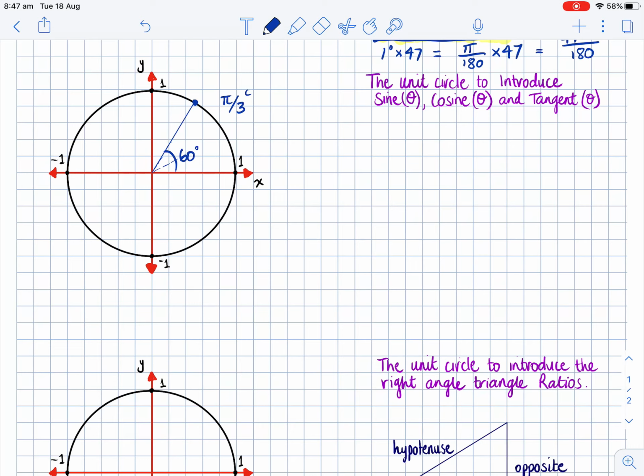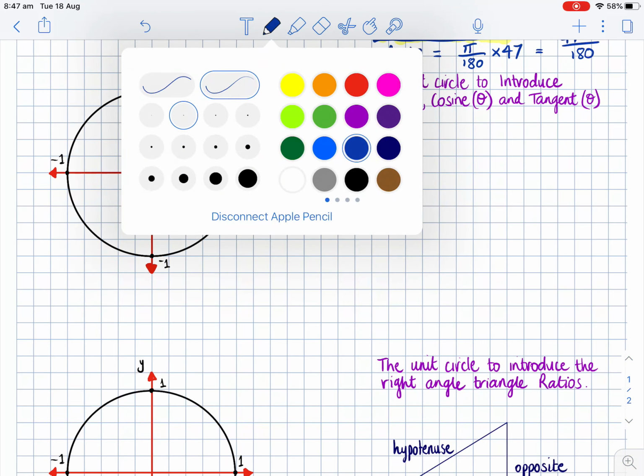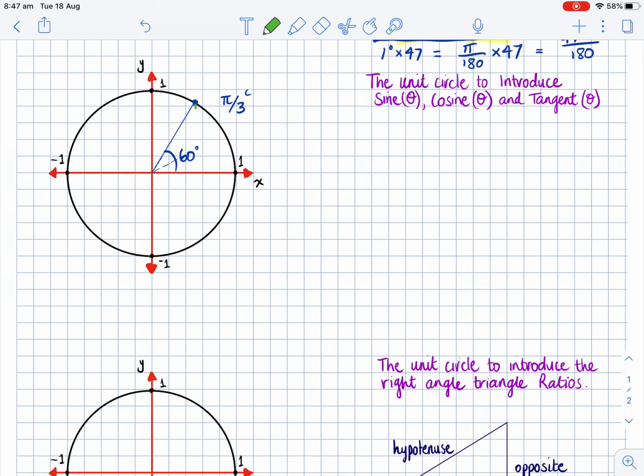Since we've started talking about radians, we've got 60 degrees, we've got pi on 3, that is our line. What I can do is break this angle up into its vertical and horizontal components. So let's have a look at that vertical component. Here's the vertical component. We can see it there as this nice green line, and my vertical component is known as sine.